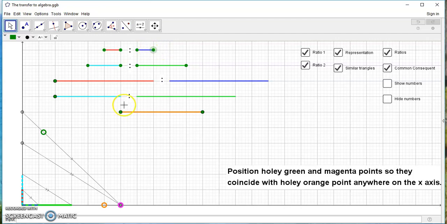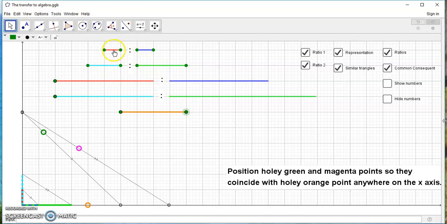We could assign any length to the unit that we want. We could call this the unit, but if we call this the unit, this particular representation here will be a fraction, okay?